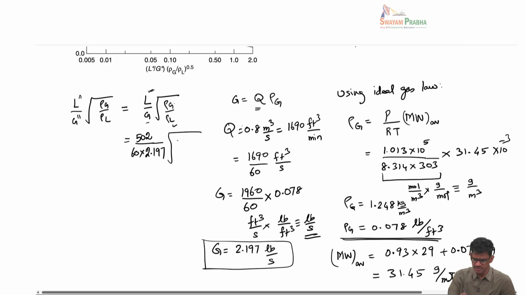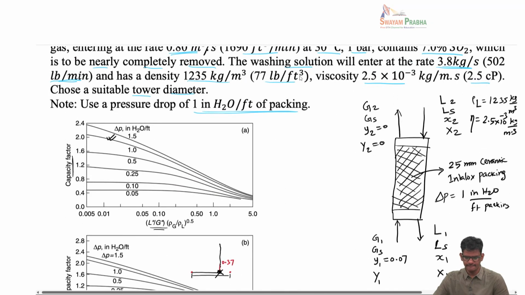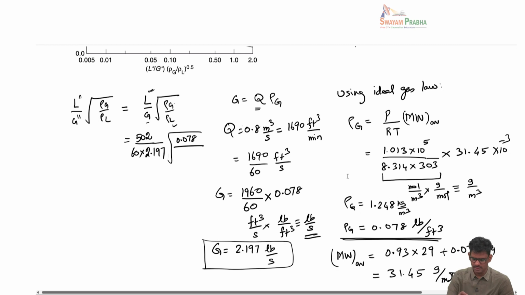Rho G is 0.078, and rho L is mentioned in the problem as 77 pound per feet cube. If you substitute all this, you should get about 0.12.